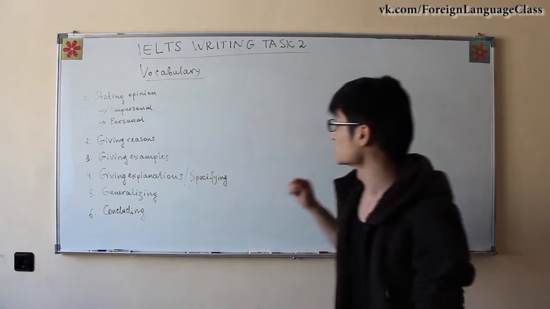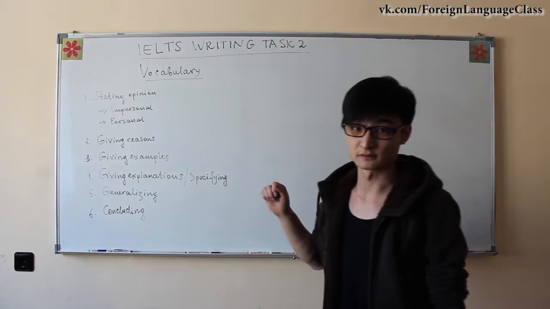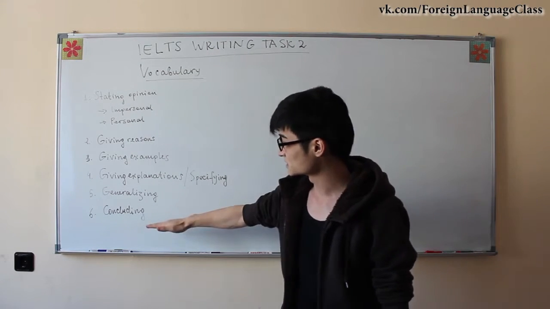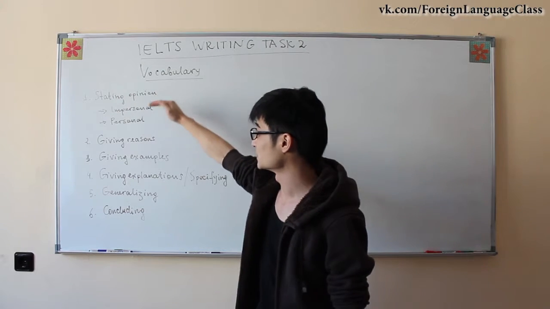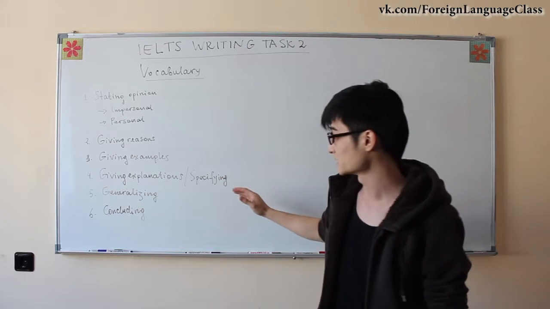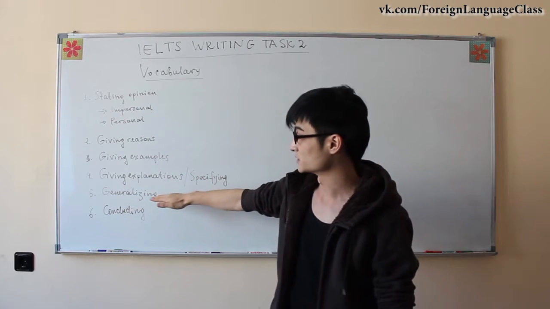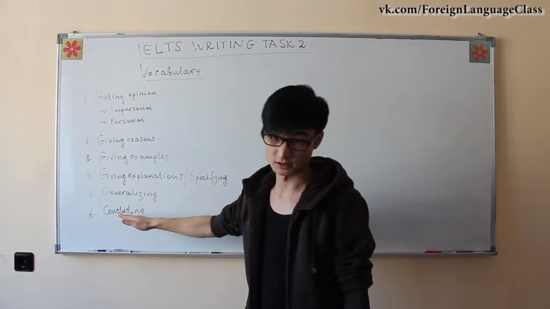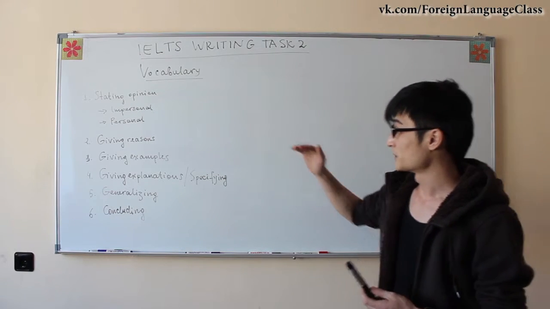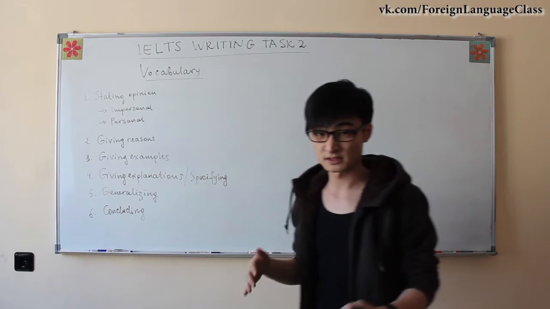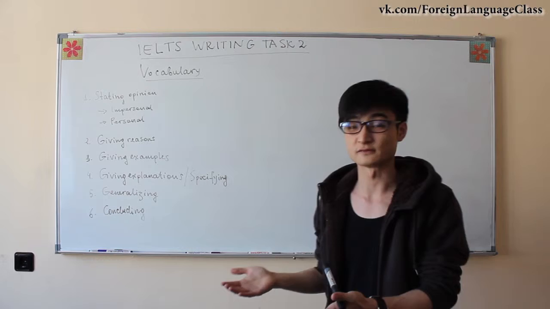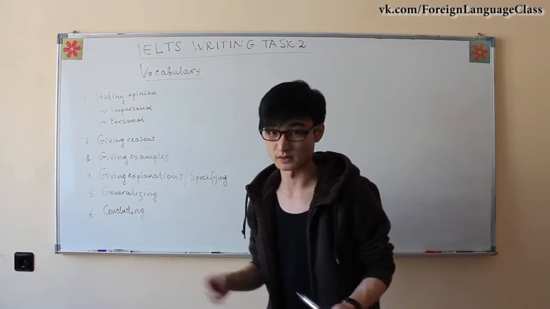Alright, so now I'm going to give you some helpful vocabulary, words and phrases to use in 6 different situations: stating opinion, giving reasons, giving examples, giving explanations or specifying, or in the opposite, generalizing and concluding. Okay, let's start with stating opinion. Opinion may be impersonal if it's some other people's general idea, general opinion, general views, or personal, your own opinion.